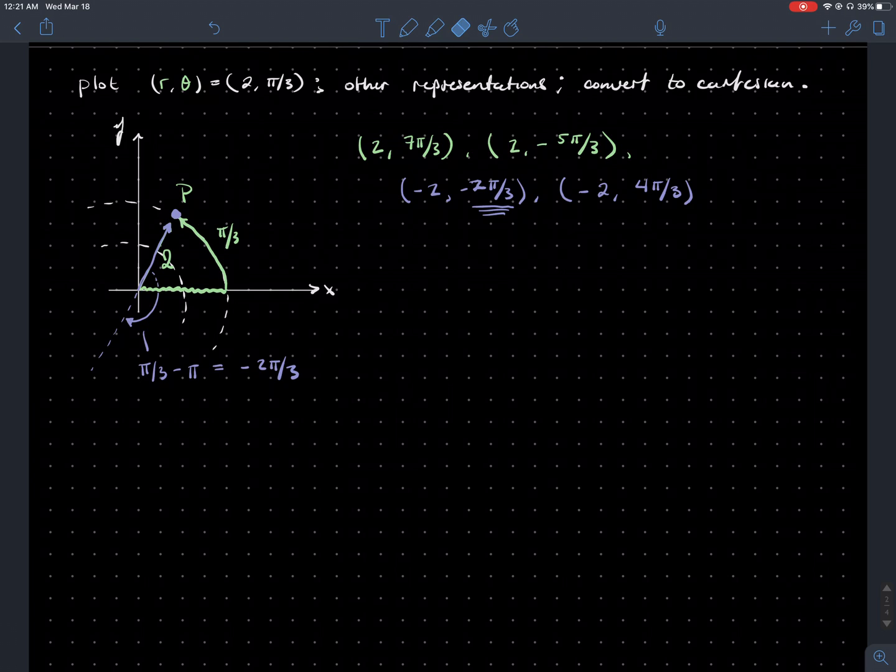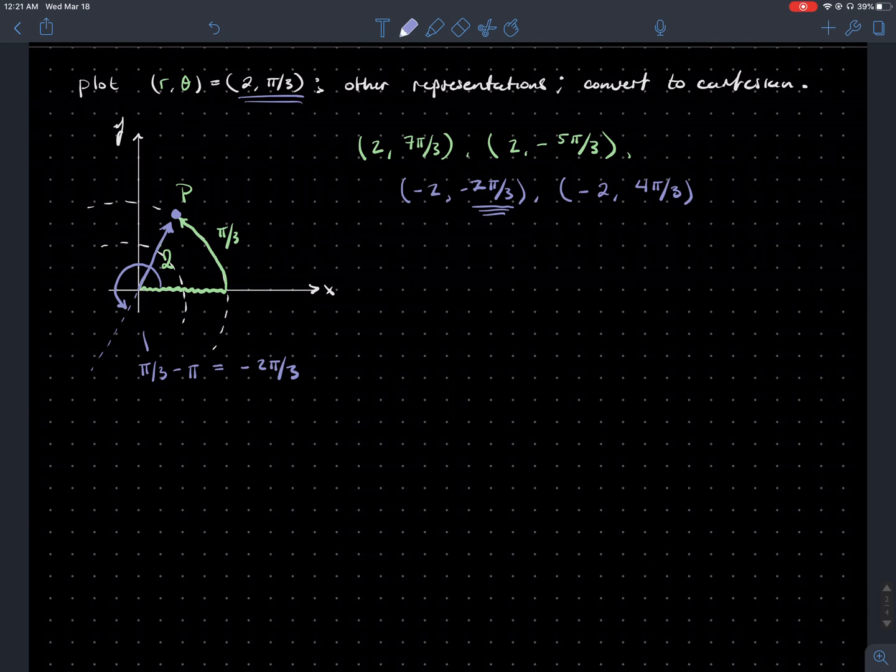Okay, and that ends up being this rotation in order to get to this exact same point, but then we end up moving inward rather than outward on a radius. Okay, and these are 4 different representations to express this exact same point.